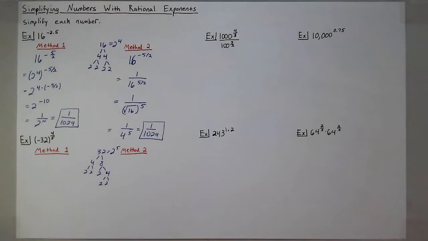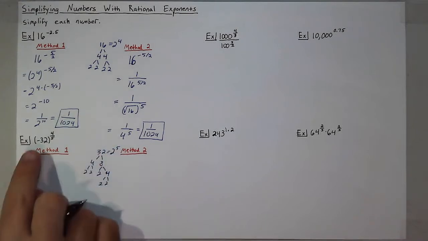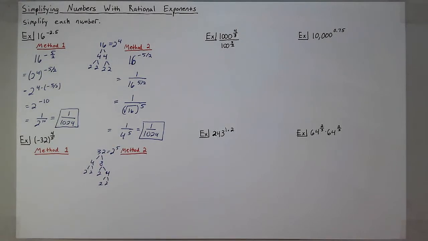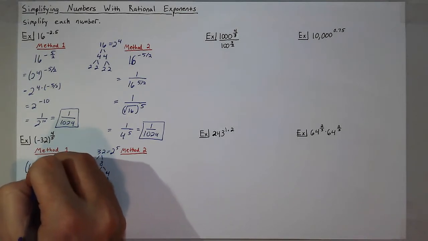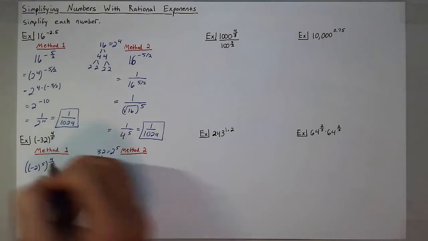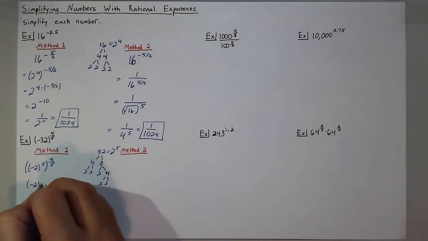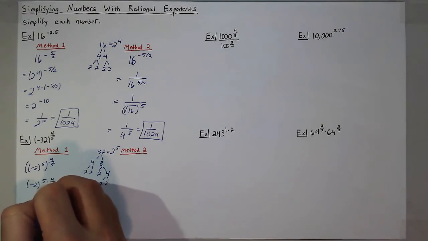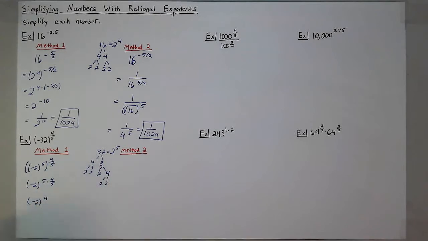So I can replace negative 32 with negative 2 to the 5th. Since this is an odd power, I can incorporate that negative 2 into that 5th power. So I could rewrite this as negative 2 to the 5th raised to the 4/5. And then you can multiply those exponents. So 5 times 4/5, where the 5's cancel, and I'm left with negative 2 to the 4th. And negative 2 to the 4th power is 16.